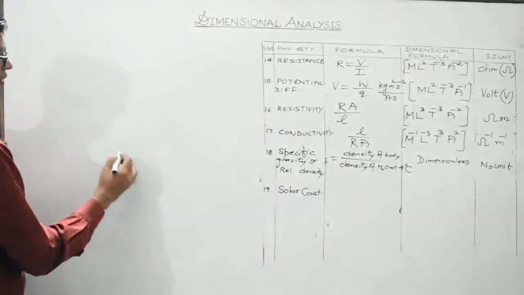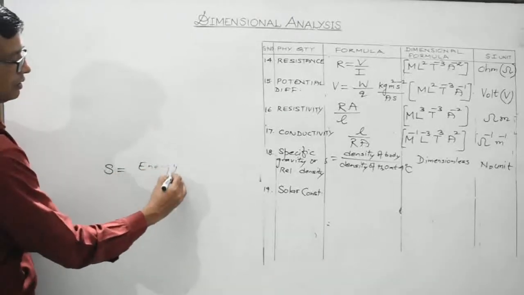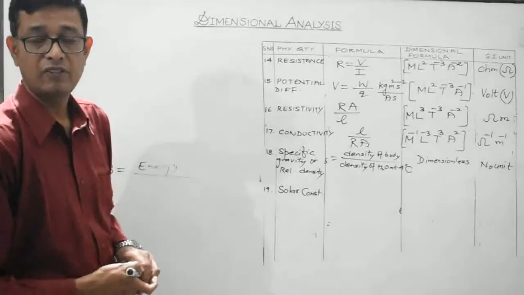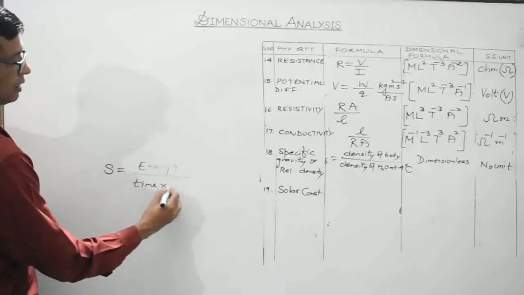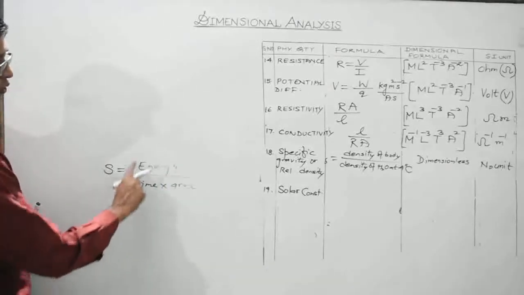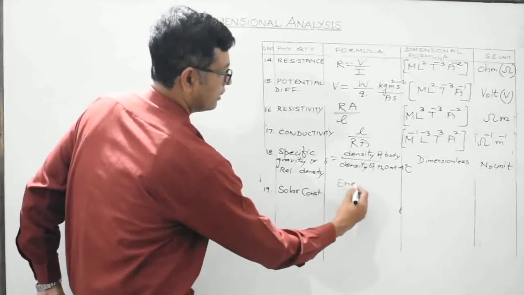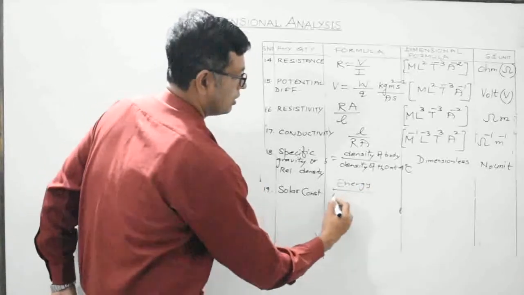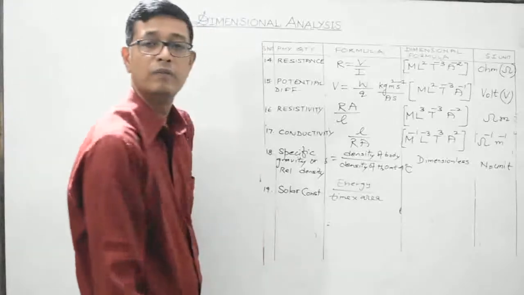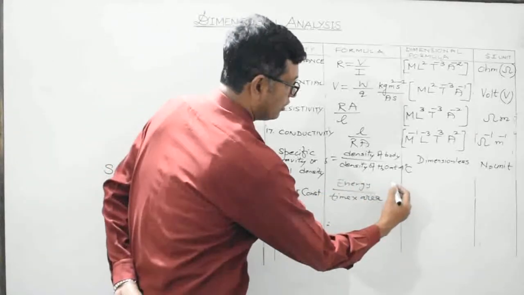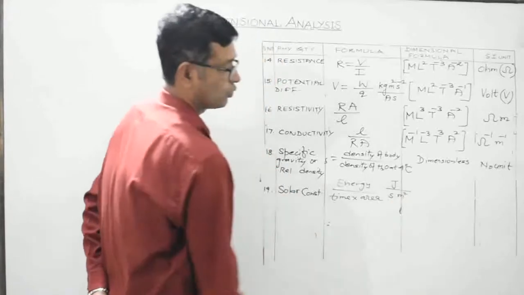So solar constant is basically energy received per unit time per unit area. Using this we can easily determine its dimensional form. Now look, SI unit of energy is joule, time is second, area is meter square, right?